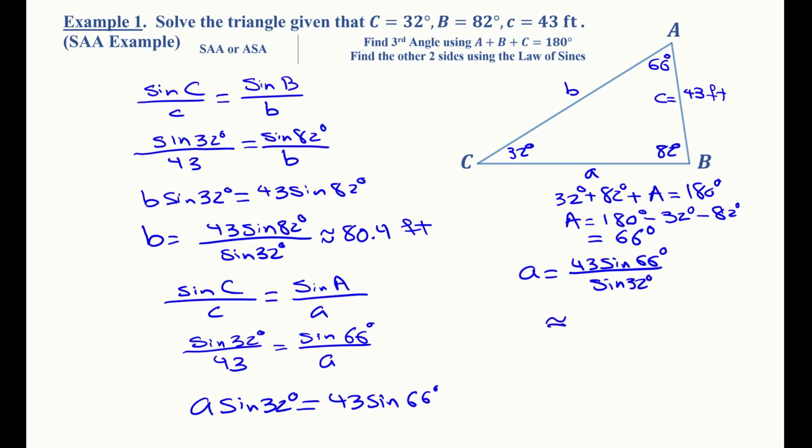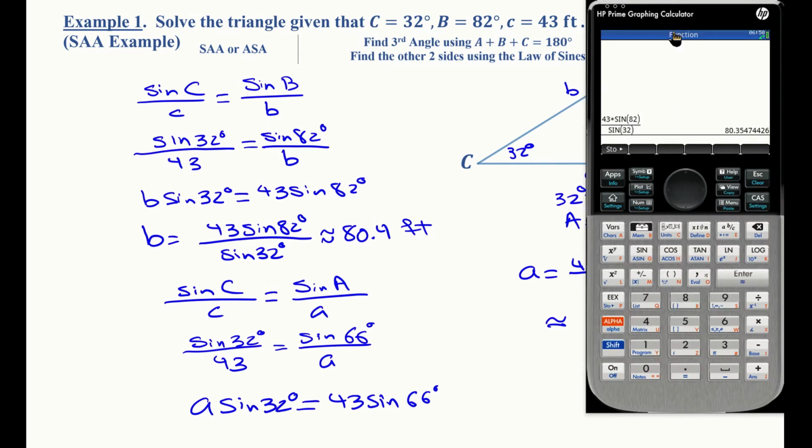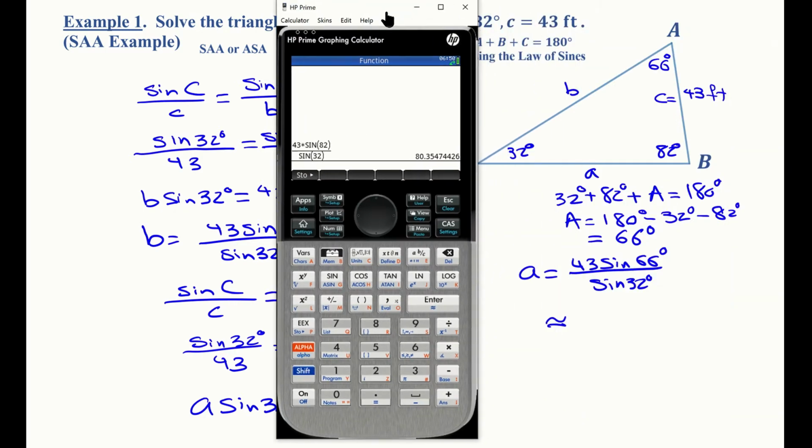So we'll go ahead and utilize our calculator one more time to obtain the answer. Again, I'll start with parentheses. I'll put the entire numerator inside the set of parentheses: 43 sine of 66.